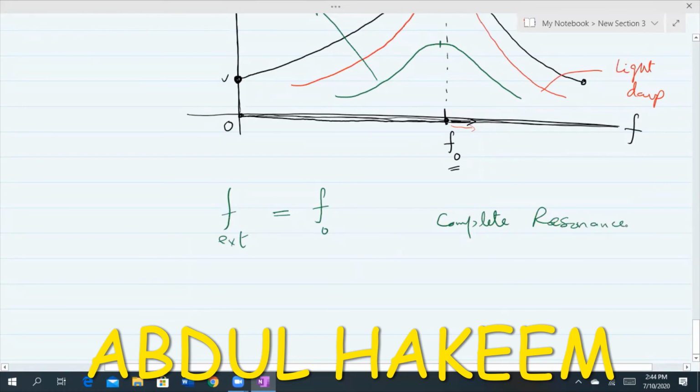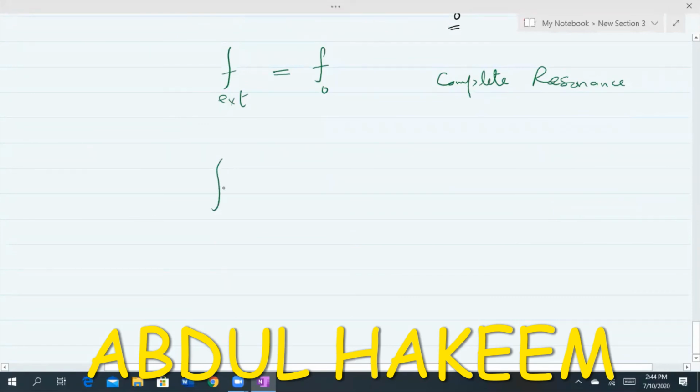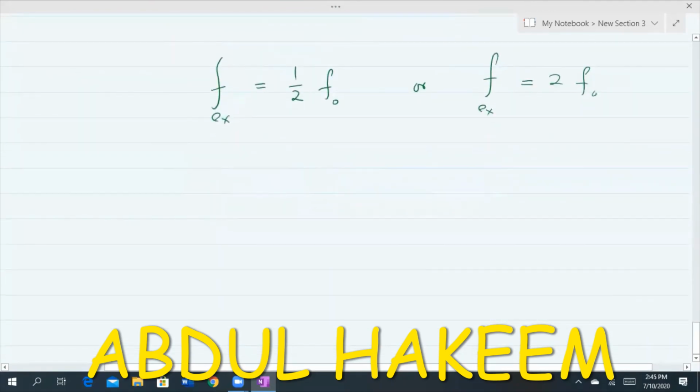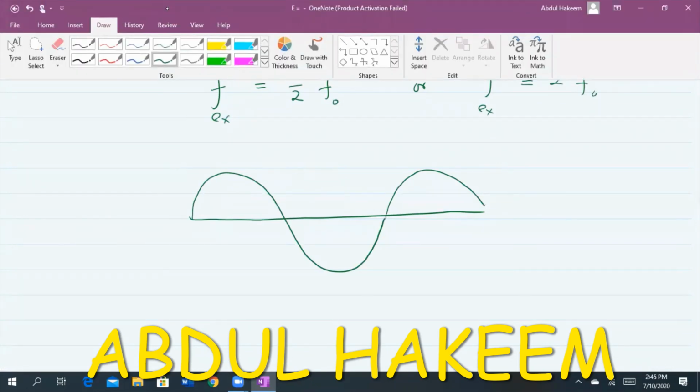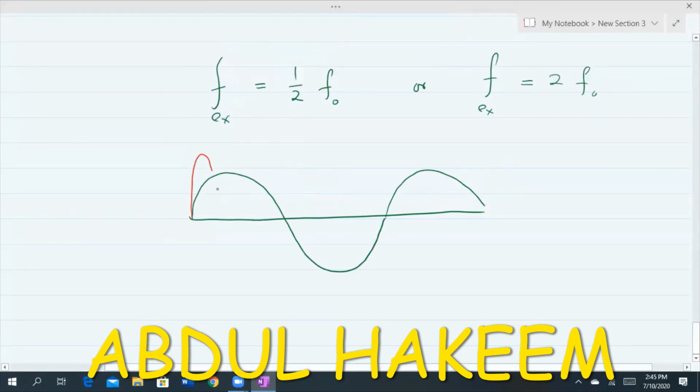But sometimes when the frequency of the external system is half of the resonant frequency, half of f naught, or the external frequency is equal to double of f naught, then the wave shape will be like this. Look, this is the frequency. And the second frequency is this. Suppose this is the frequency which is double.